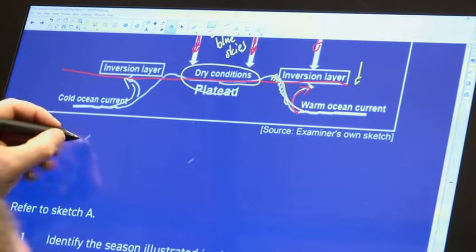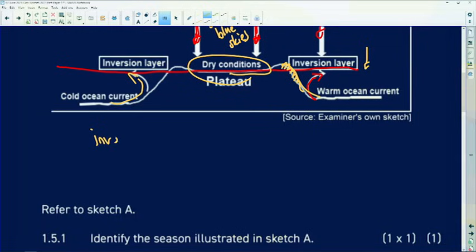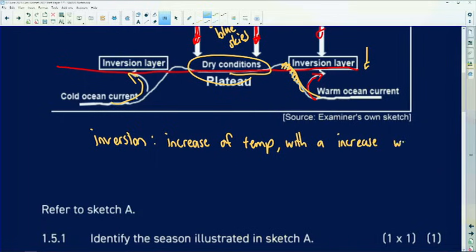Now just going back to inversion, and this is very important terminology. It's an increase of temperature with an increase in altitude.